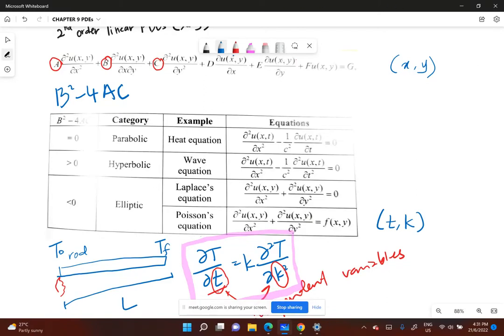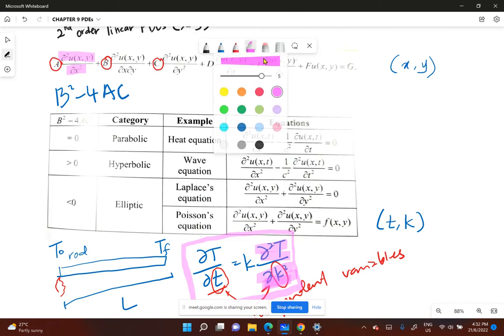Looking here, A is something that's a second derivative with respect to one of the independent variables. Can you see it here? Second derivative of T, the second partial derivative of T with respect to K. So my A is this value. This is A. Can you understand?